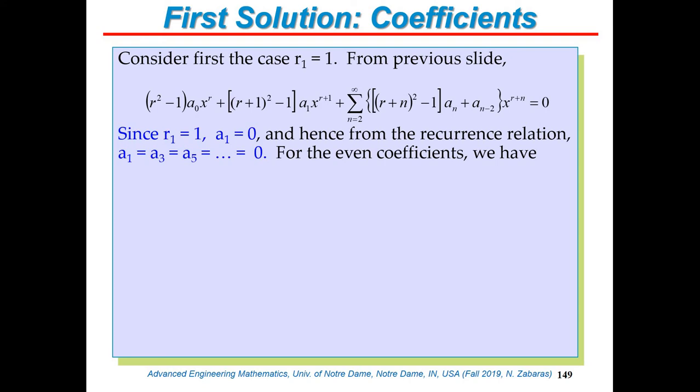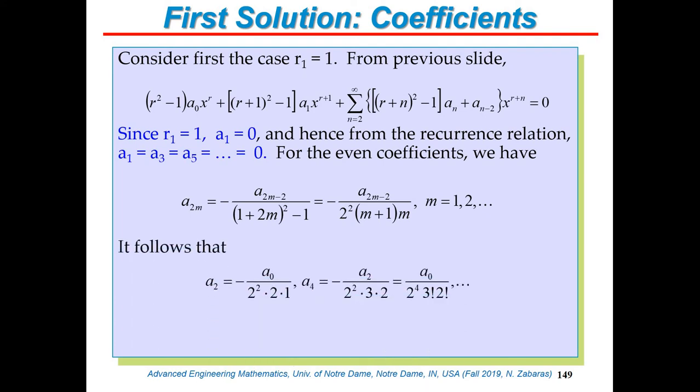And if a1 equals 0, then from the recursive equation all the odd terms have to be equal to 0, and you are left with the even terms. You can compute those exactly, and you see the general expression for a_2m, for m equal 1, 2, and so on, at the bottom.